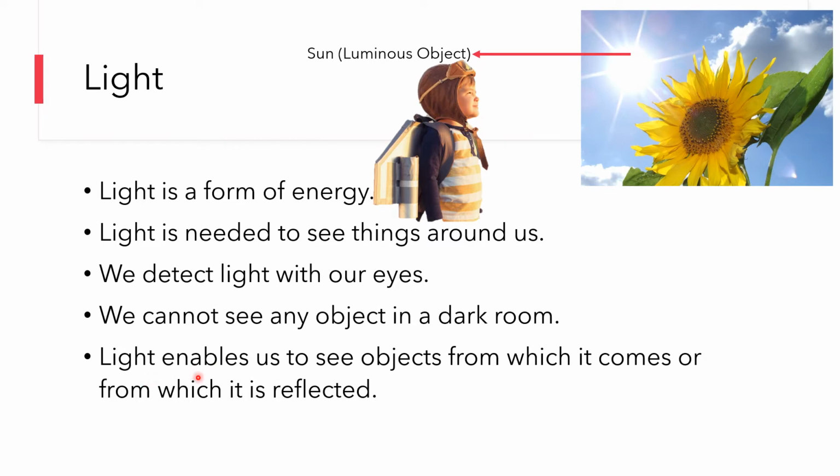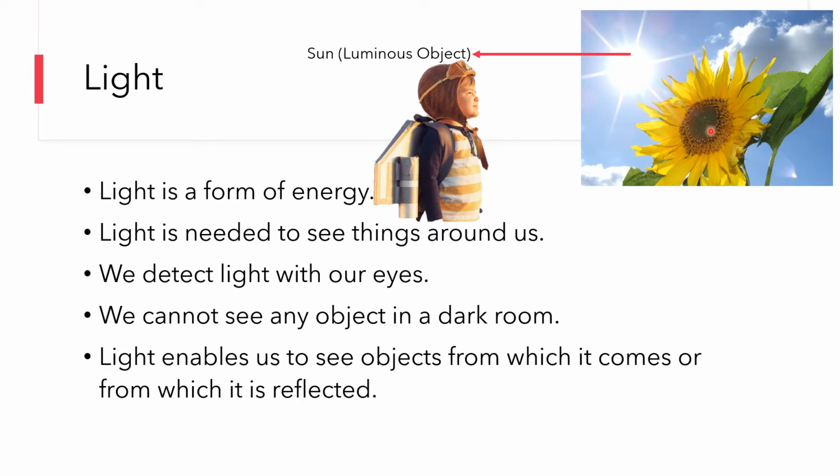The light also enables us to see the objects from which it is reflected. For example, the flower. Here, the flower is not emitting any light on its own, whereas it is reflecting the light which is falling on it.